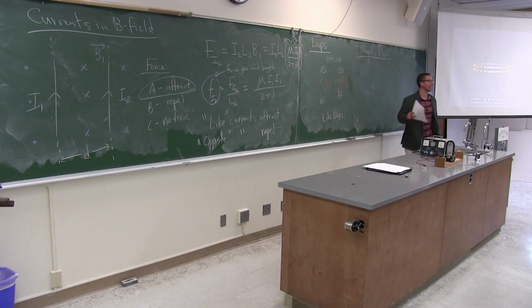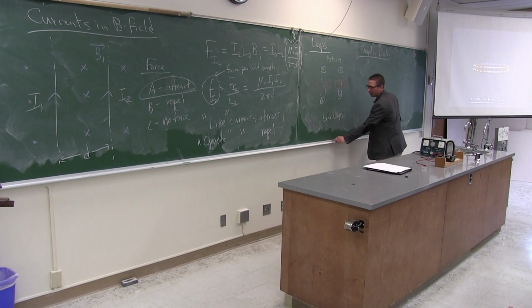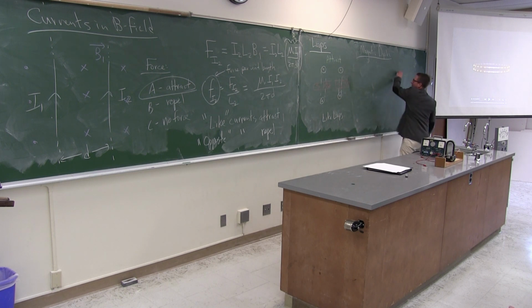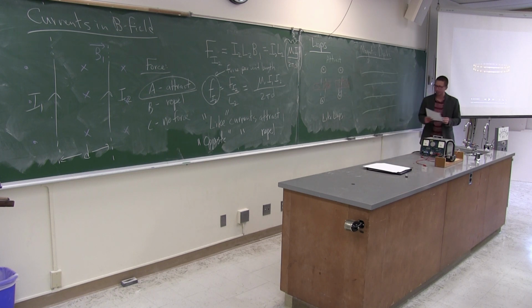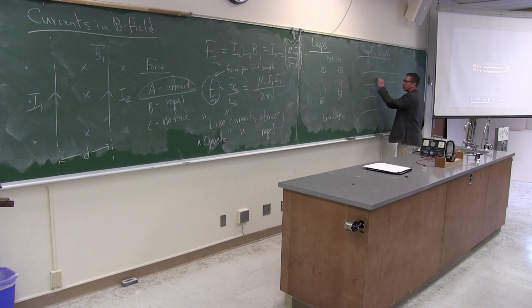In many ways, magnetic dipoles behave the same way as electric dipoles, because if I have a region of uniform magnetic field, and I put a loop of current into that magnetic field, and let me just tilt the loop a little bit.